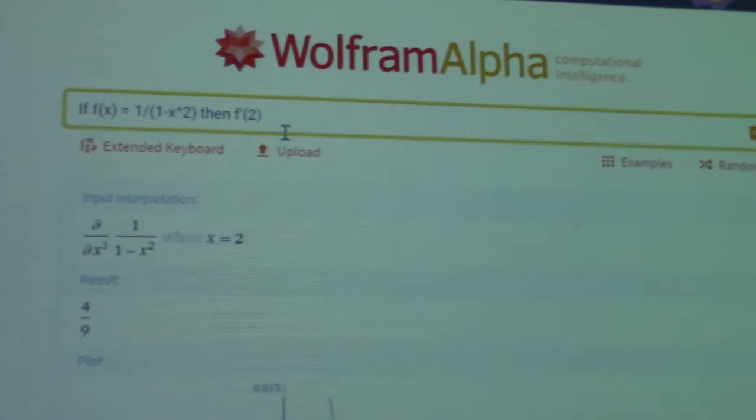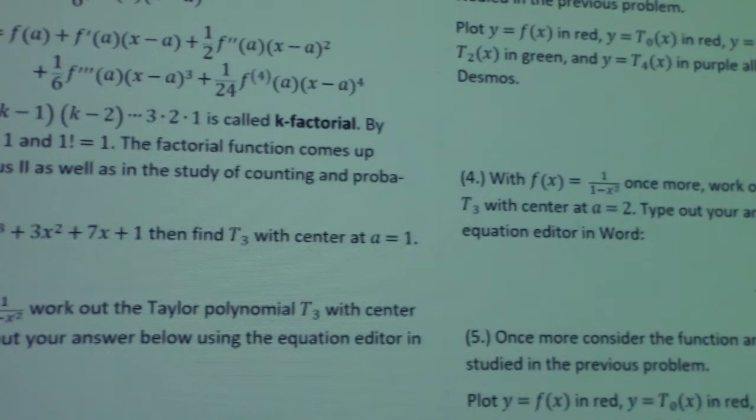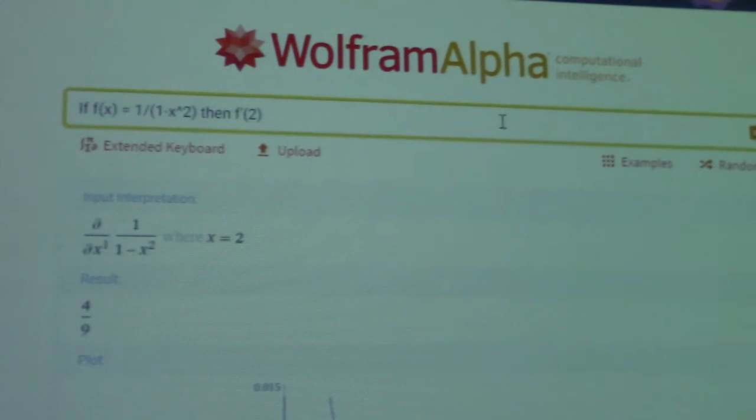For number 4, the lab said find the Taylor polynomial centered at a equals 2 for 1 over 1 minus x squared, right? So it's the same derivatives we did, but instead of evaluating at 0, we'll be evaluating at 2.